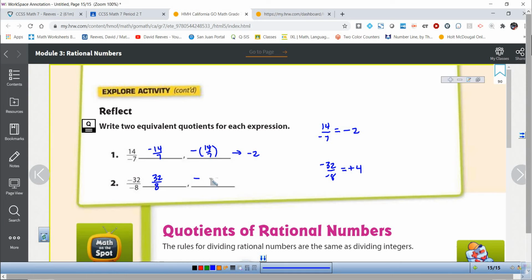I'm not quite sure what they would want us to write here. The opposite of 32 divided by 8 wouldn't work, because that would make it negative. So in this case, I'm just going to go with -32 divided by -8 and 32 divided by 8.